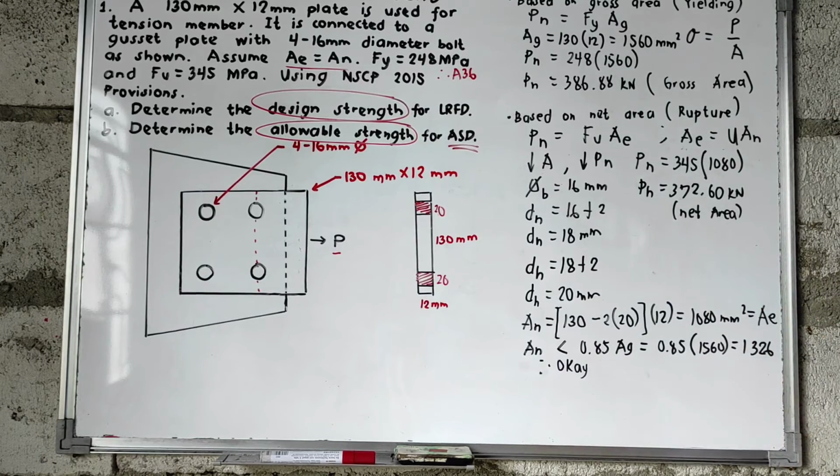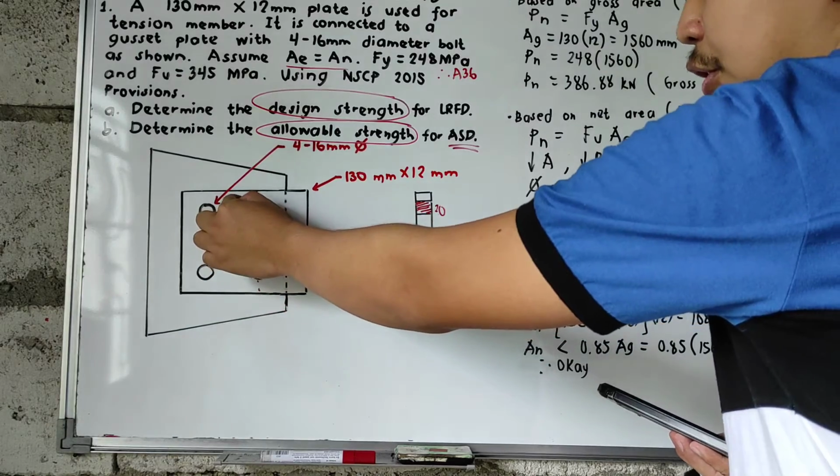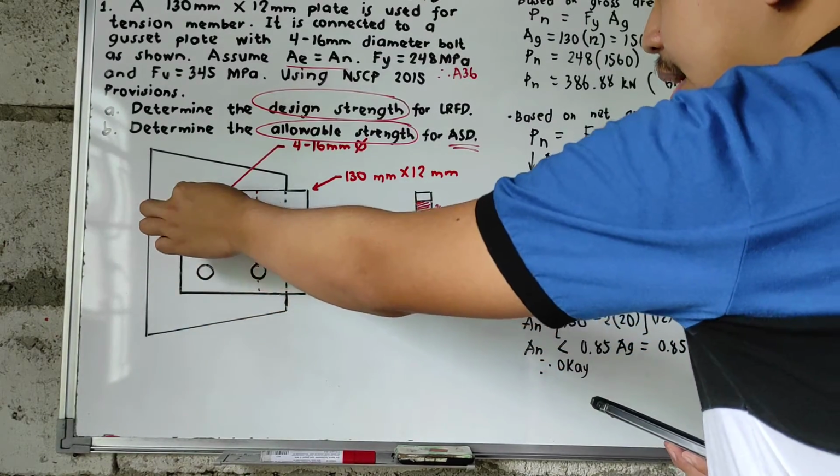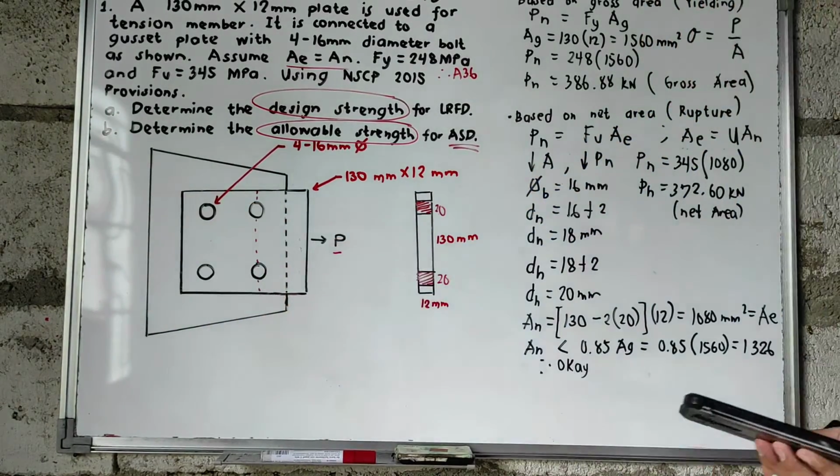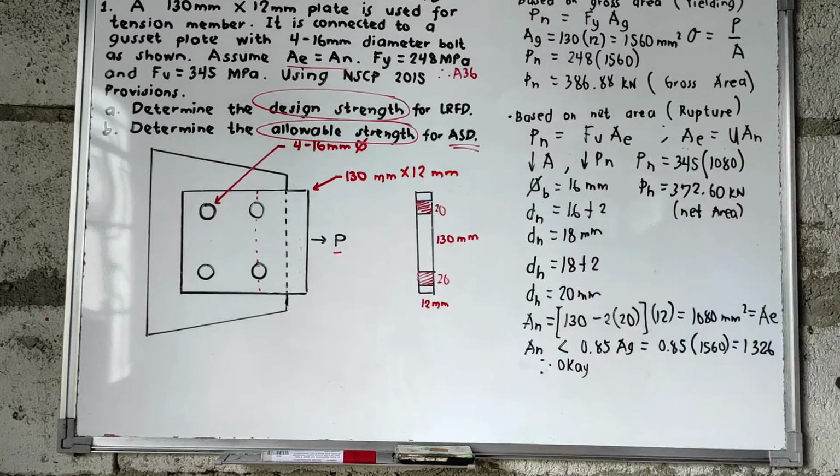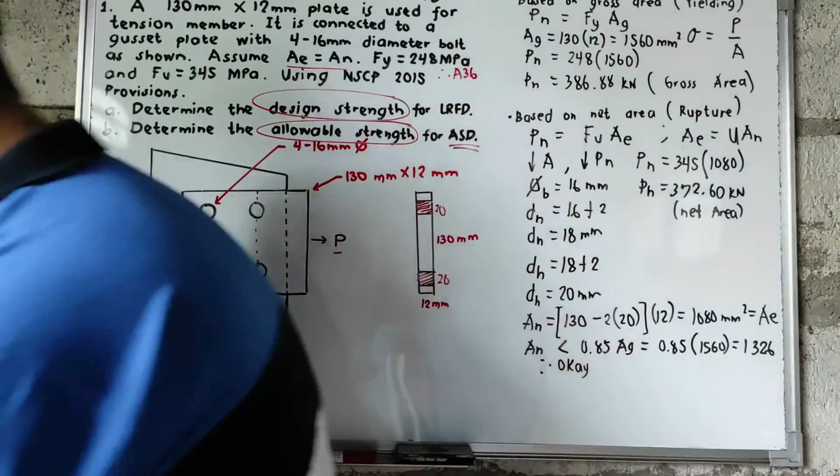So, nangyayari kasi sa mga stresses natin, nagkakaroon tayo ng mga critical talaga sa mga part natin kung saan may butas. That's why, nilelessen natin yung mga butas natin dun sa gross section.